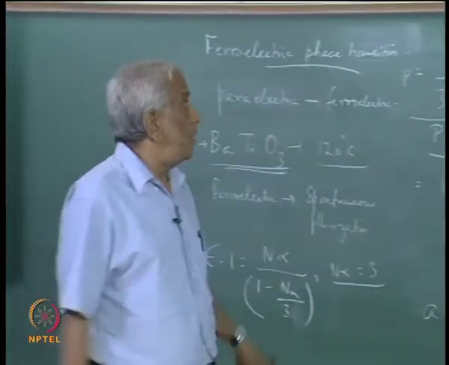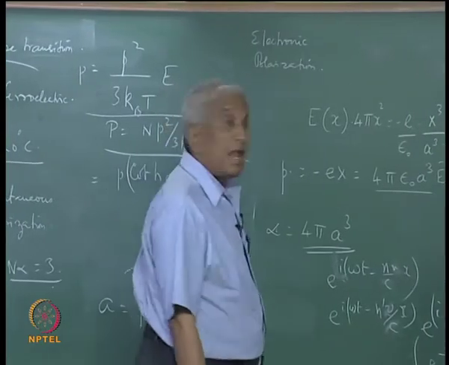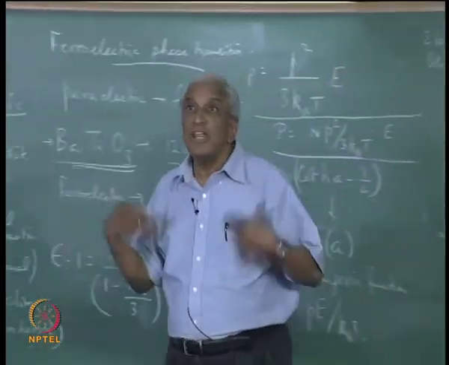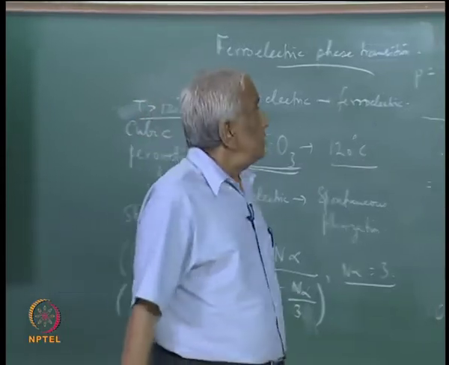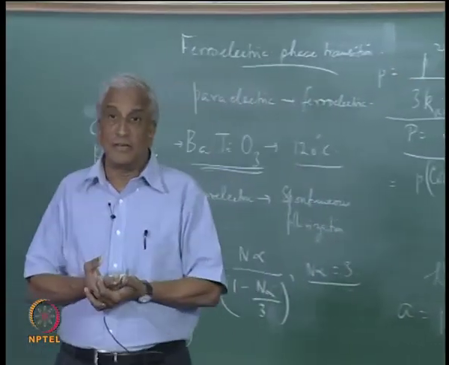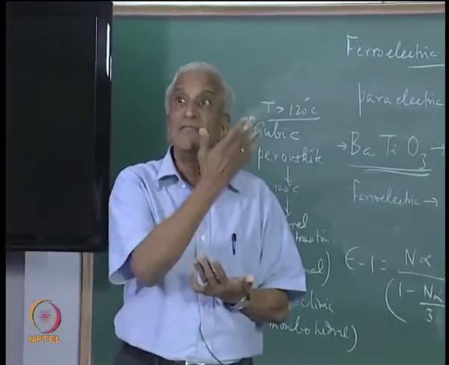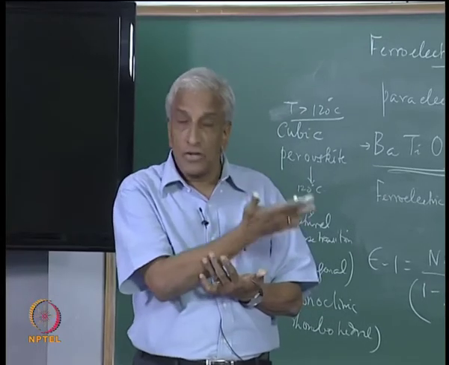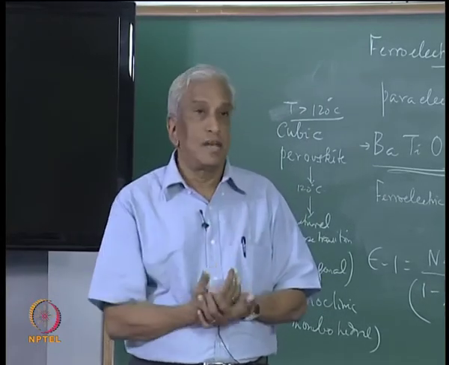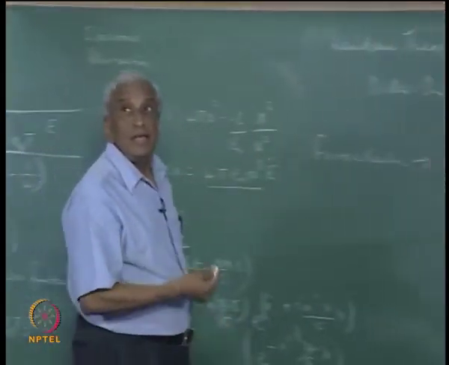So, that is the order parameter in this case. The next step in the Landau theory, which is a thermodynamic theory. This thermodynamic theory always says, why should there be a phase transition? The phase transition takes place and there is a change in phase, in this case the structural phase and therefore the ferroelectric phase, because of a lowering of the free energy.